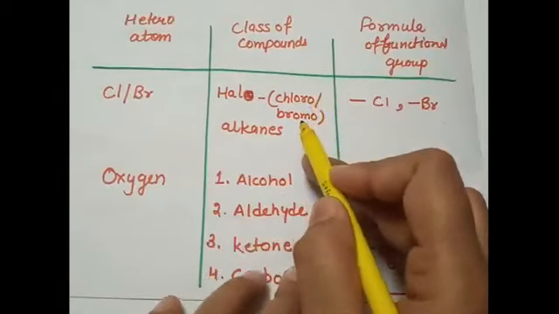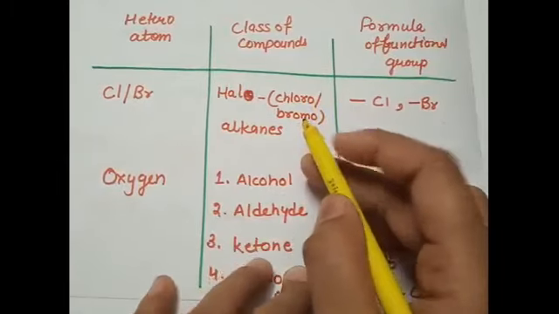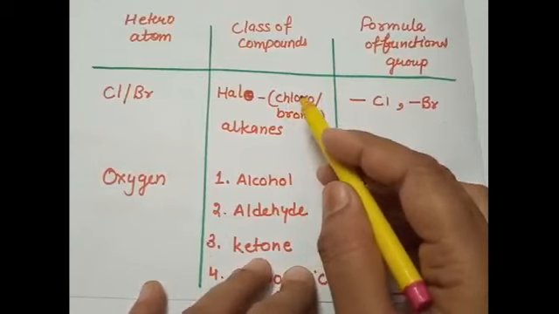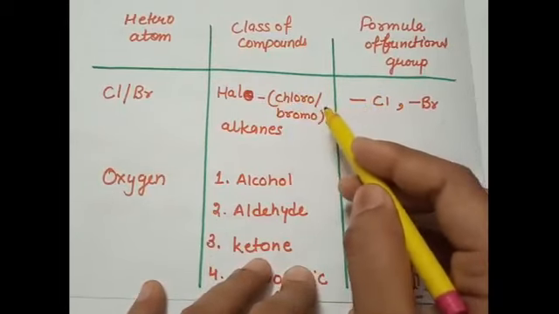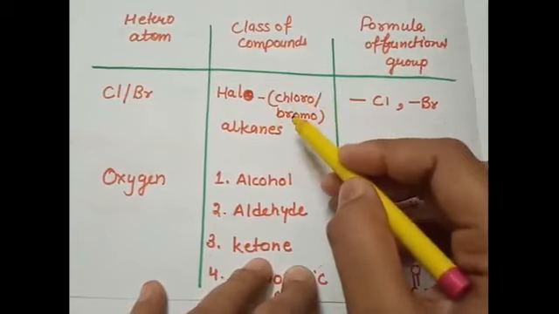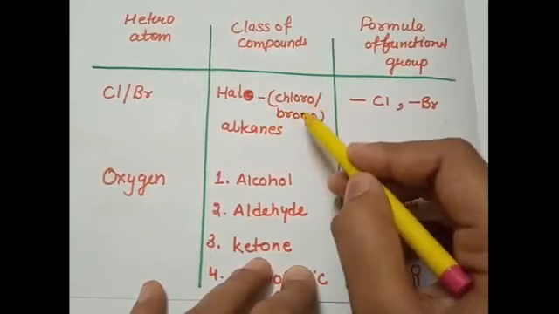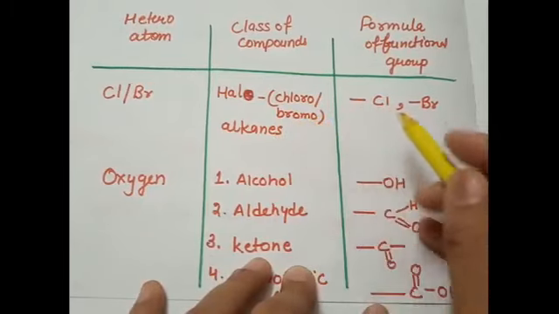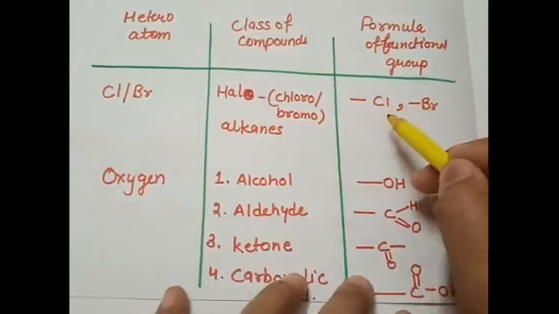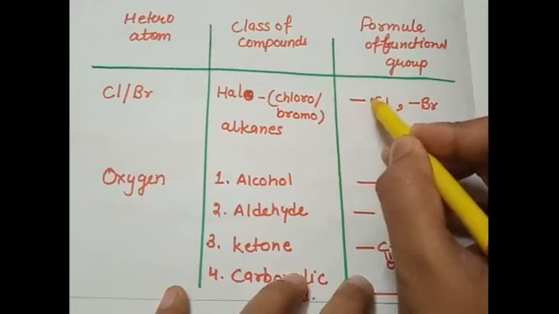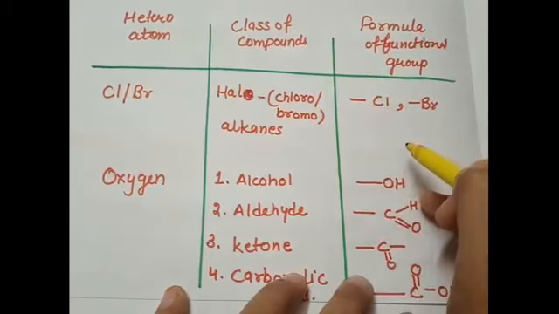If we are talking about pentane, and chlorine as a functional group is attached, then we will call it chloropentane. Or if bromine is attached, then we will call it bromopentane. The formula for this functional group will be a dash, that means a bond, along with a chlorine atom.